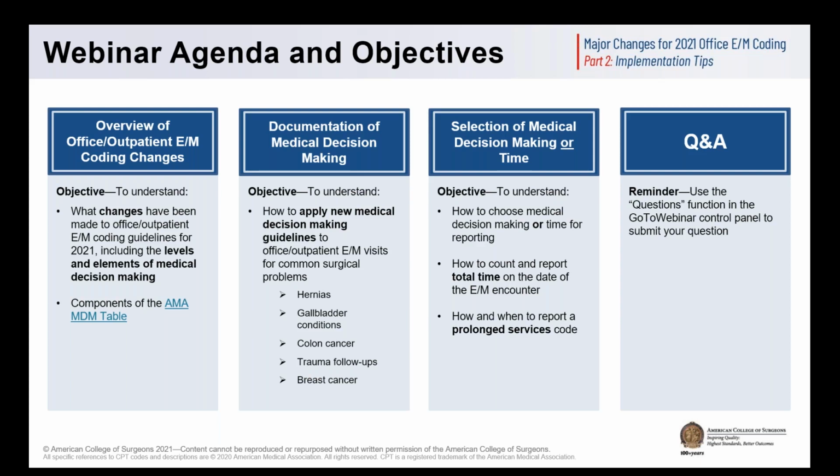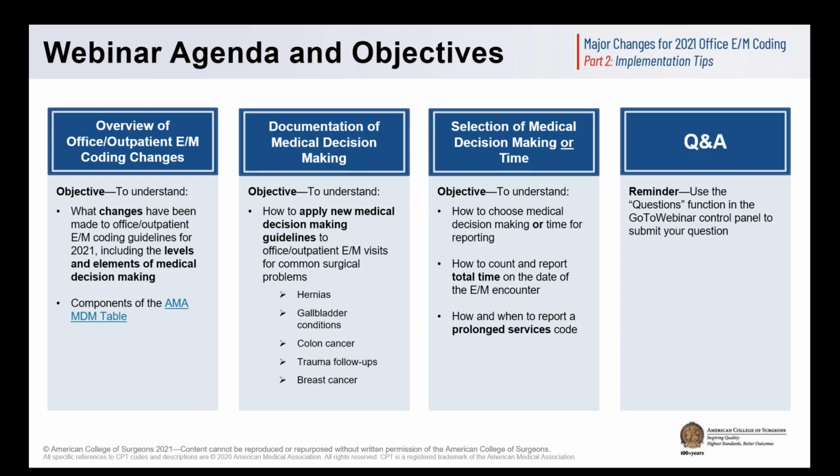The next objective is to apply new medical decision-making guidelines to office and outpatient visits for common surgical problems. As noted, hernias, gallbladder, colon cancer, trauma, and breast cancer.